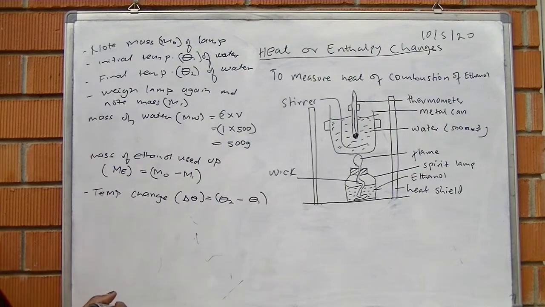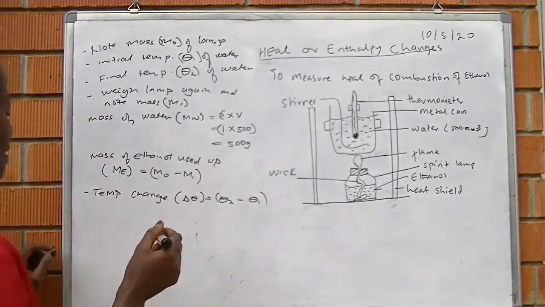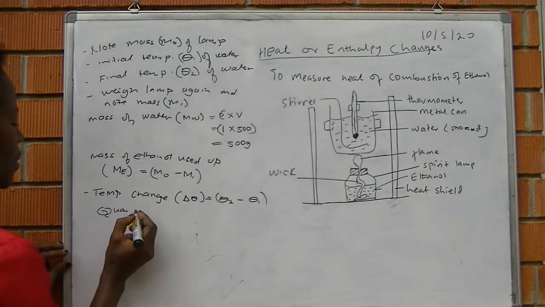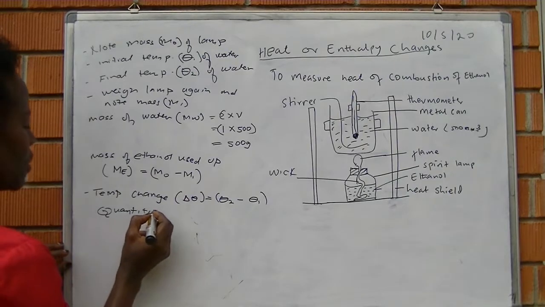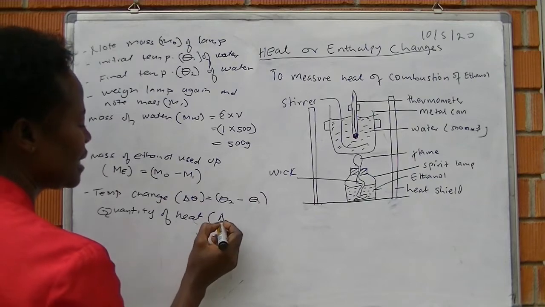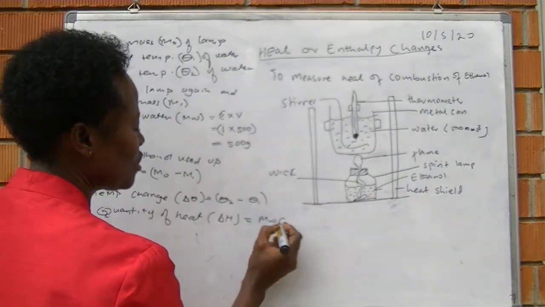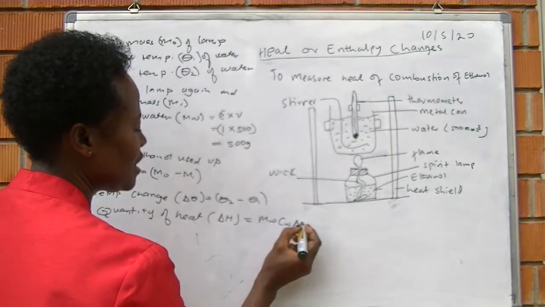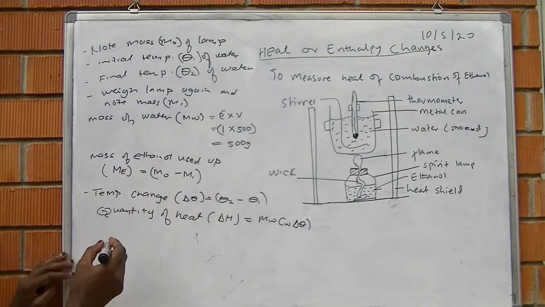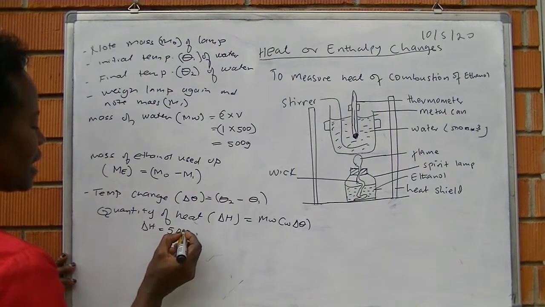So the quantity of heat provided by ethanol to raise those temperatures, quantity of heat, delta H, is given by mass of water times the specific heat capacity times change in temperature. We have determined our mass of water as 500, so delta H is equal to 500.